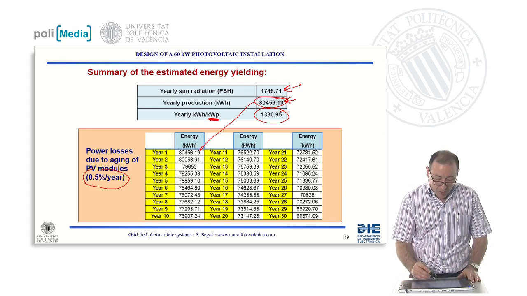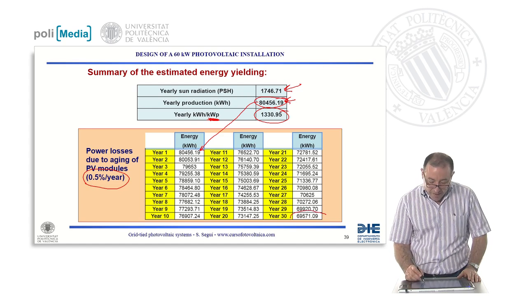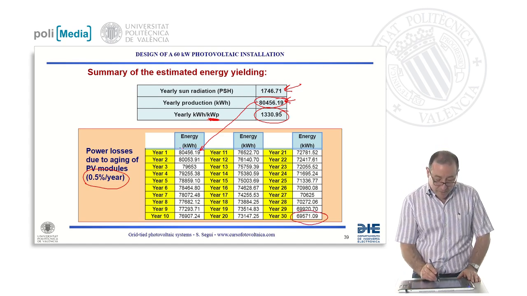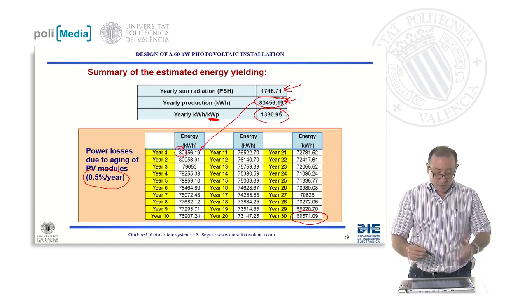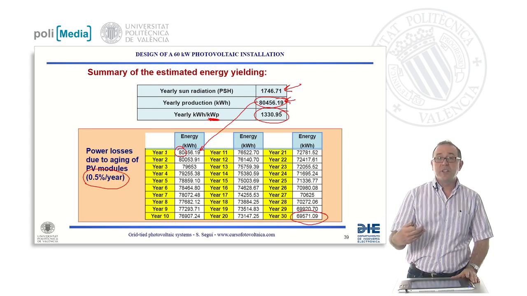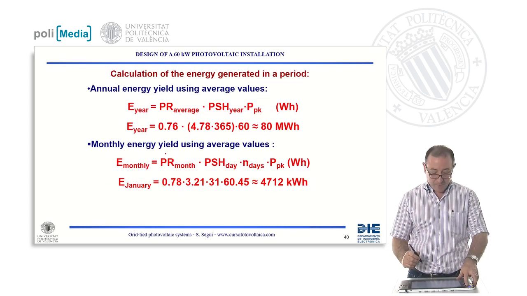So you can see how the production is reduced along the time until we arrive to values that are near 70 megawatt hours with respect to the previous values that are around 80 megawatt hours. So we have to consider these effects in order to correctly calculate the economic incomes that this type of photovoltaic plants are going to produce.